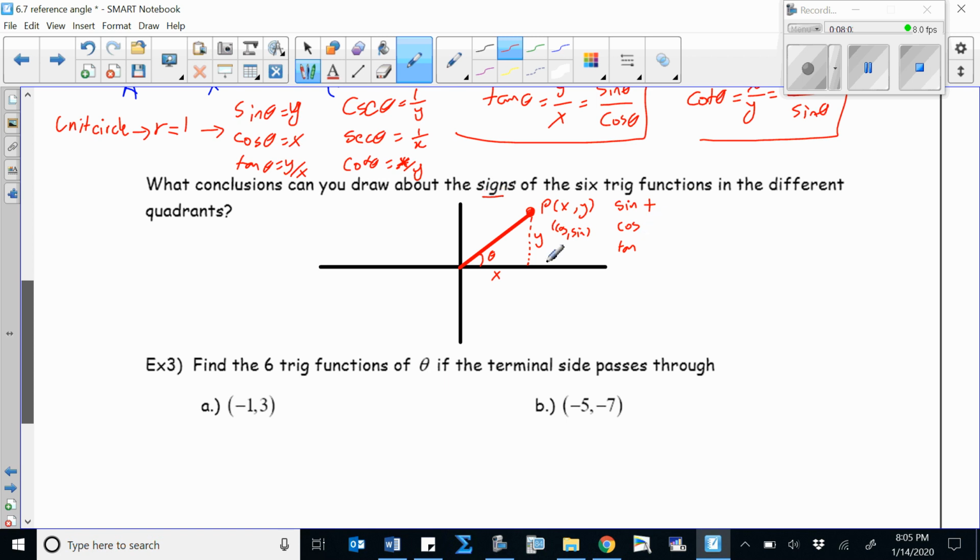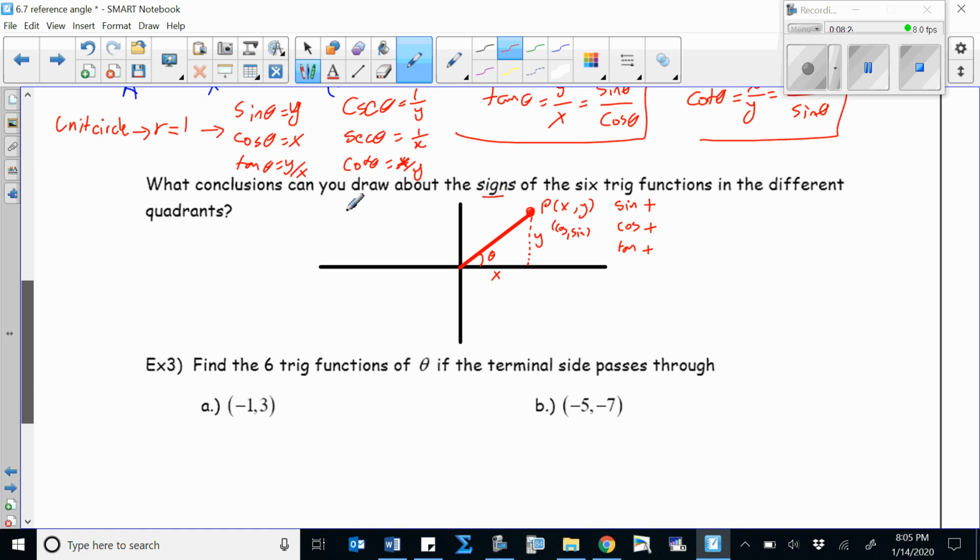Cosine of theta, this x is also on the right side of the x-axis, so this is also positive. Tangent is sine over cosine. That means positive over positive. That is positive. So in the first quarter, all the functions are positive.